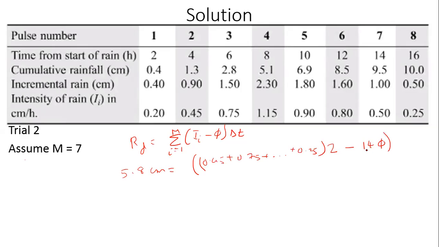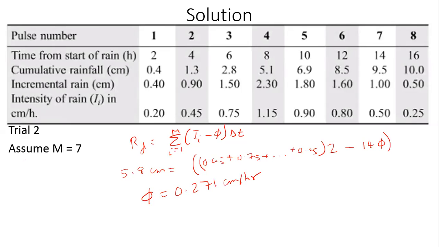So last time it was 16 phi because M was 8. 8 into delta T is 16. This time M is 7, so it will be 14 phi. Now again I have one equation, one unknown. So I solve this, I get phi equal to 0.271 centimeters per hour.